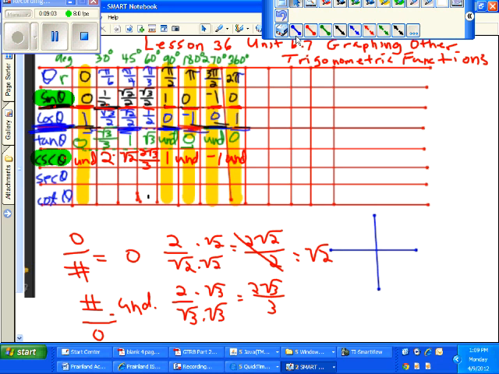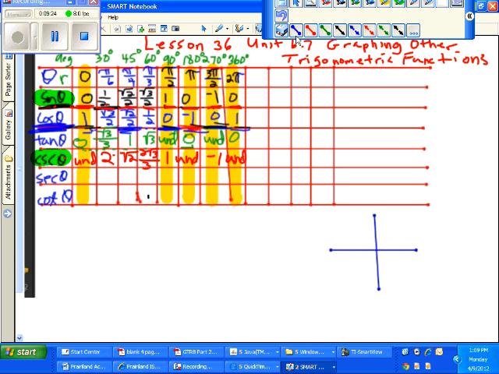Now, to get a full period for cosecant, we still need the same amount of room that we had for sine, right? We're still going to need 2 pi before we get a full replication, okay? Is everybody done with all this red scribble down here? All right, so let's draw us a little grid then.